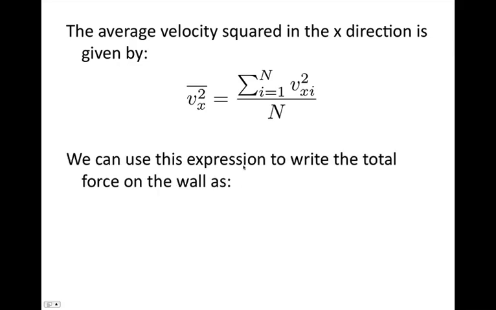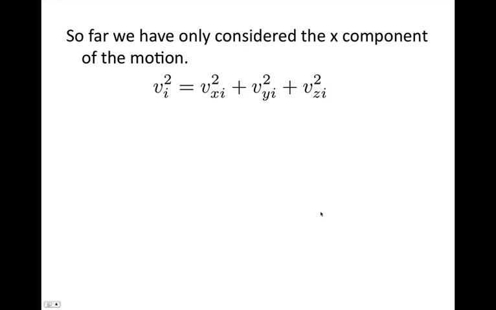So we can use this expression to write our total force on the walls as F is equal to m0 on d n vx squared, taking the average there. Now, so far we've only looked at the x component, but we can say that the total velocity squared is equal to the total velocity in the x direction squared plus the total velocity in the y direction squared plus the total velocity in the z direction squared.